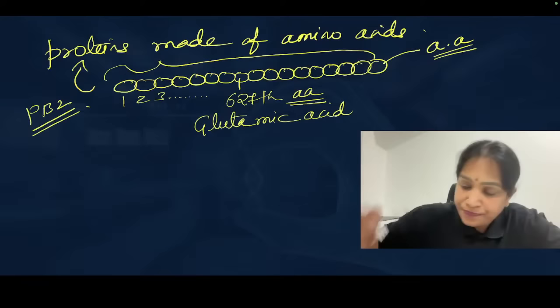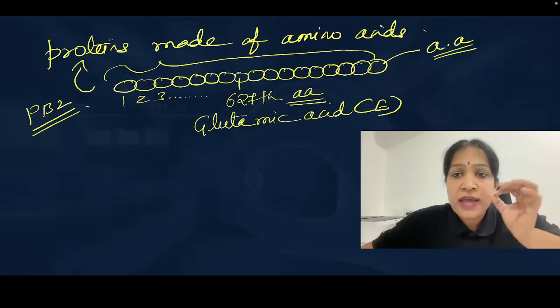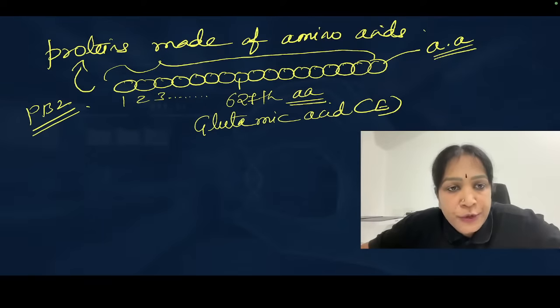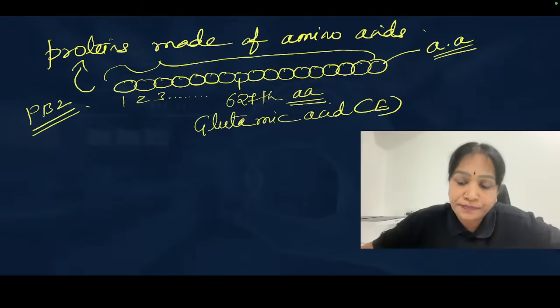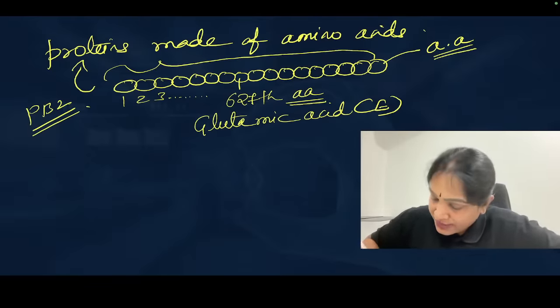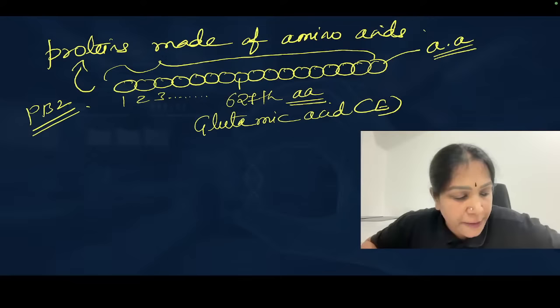Glutamic acid, the symbol is E. Tell me, in the 627th position of the PB2 protein, which amino acid is present originally?